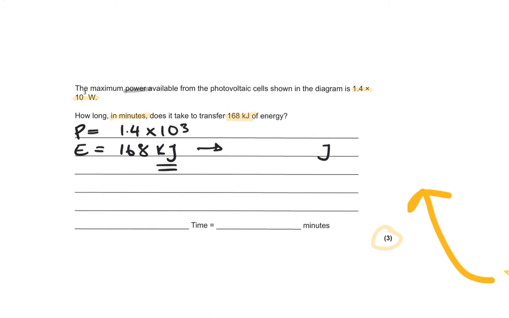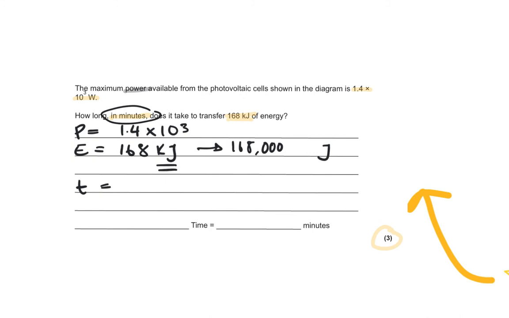And that would be 168,000 joules. Now, what we're trying to calculate is time. What we should notice is that they've clearly said they want this time in minutes, but doing this calculation would give us time in seconds. And so there would be an additional step here to convert to minutes. What I want you to do now is to pause this and have a go at this question, please.